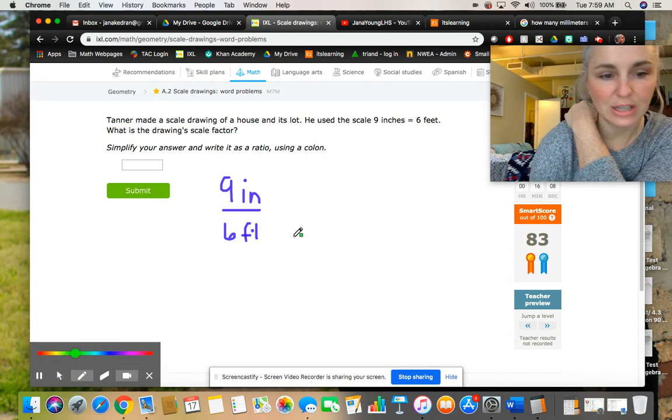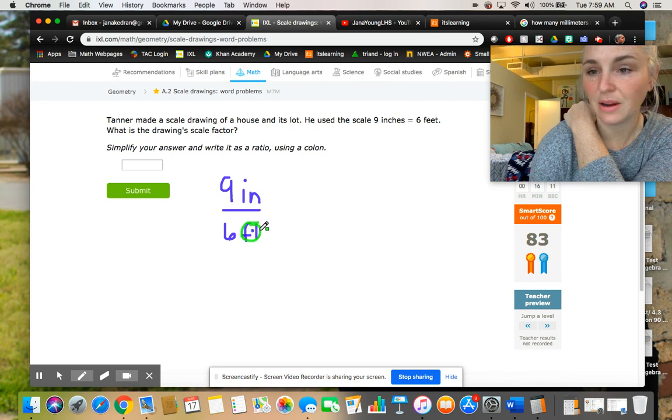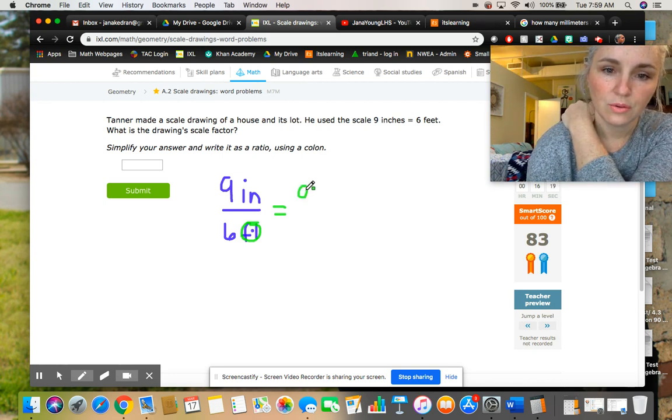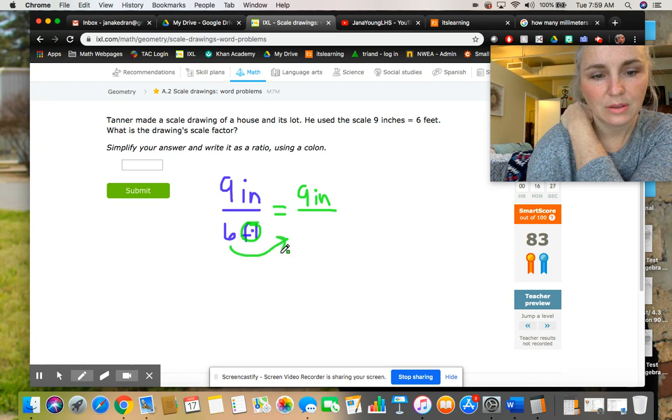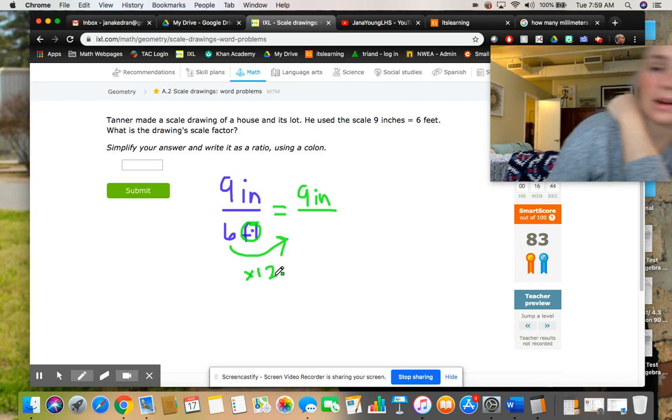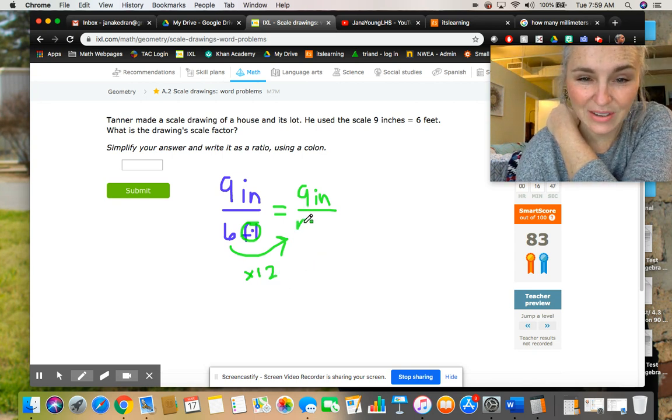I'm going to be changing feet because that's the bigger measurement, which means inches stays put, and I'll end up with inches over inches. There are 12 inches in 1 foot. Then in 6 feet, I just need to multiply times 12 to get it to inches. 6 times 12 is 72 inches.